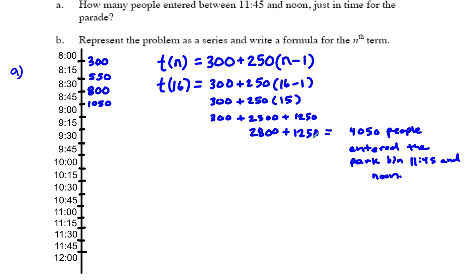So that means there's 4,050 procrastinators there, waited to the last minute to try to get into the park there. Okay, so how many people are actually there? That's not a question we're answering right now. But all these different amounts would be added up there to get the total number of people. We're just asked how many people are coming in right here between 11:45 and noon.